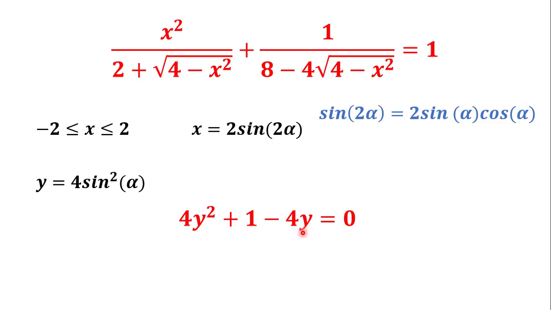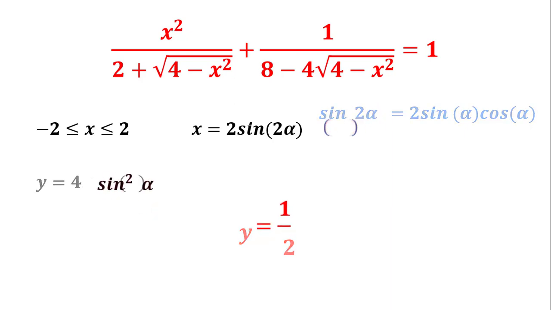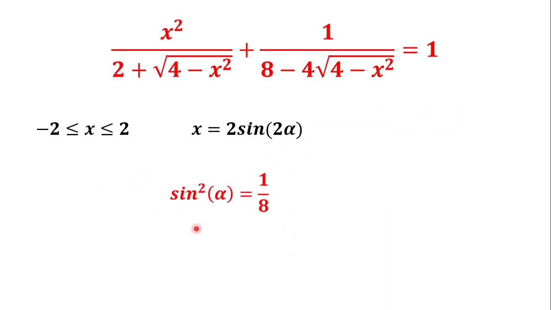And minus 4y is twice the product of 2y and 1. So we can use the perfect square formula, and we're going to get 2 times y minus 1, all to the power 2, equals 0, and the answer of this equation is y equals 1/2. So we can write 4 times sine squared of alpha equals 1/2, or sine squared of alpha equals 1/8.